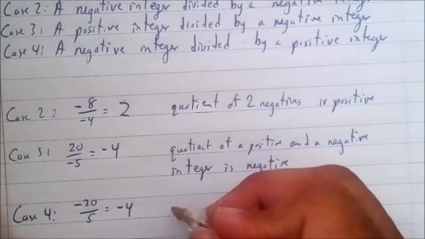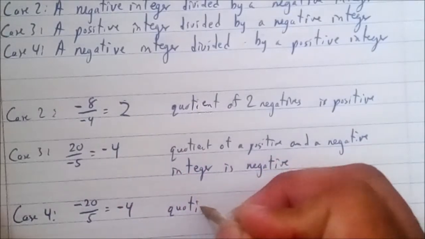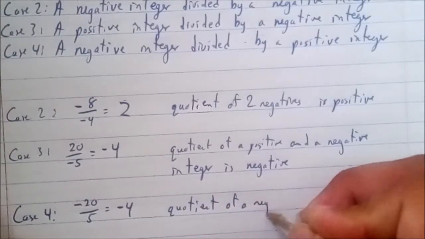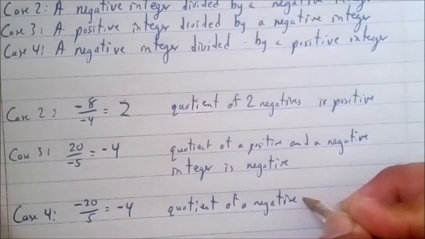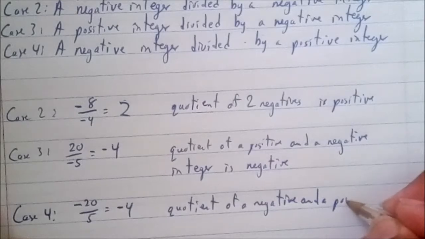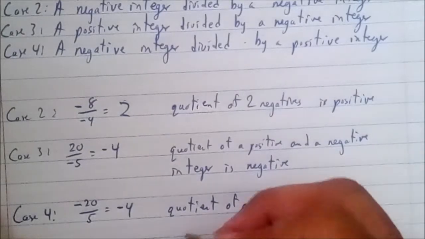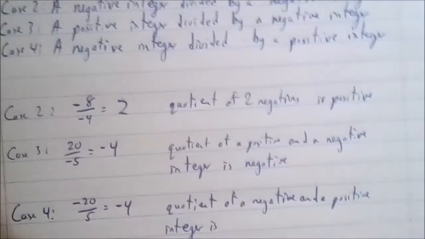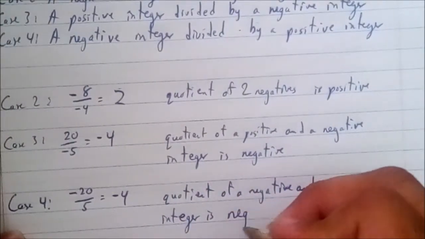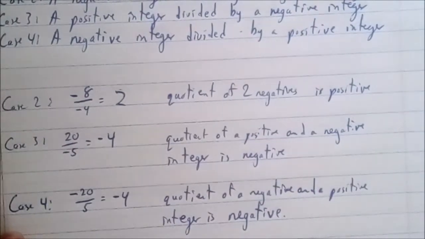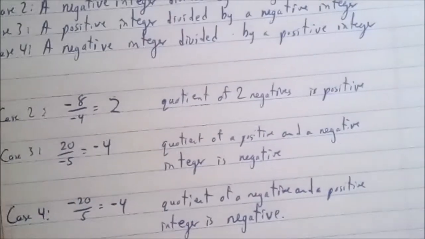Again, the quotient of a negative and a positive integer is negative.